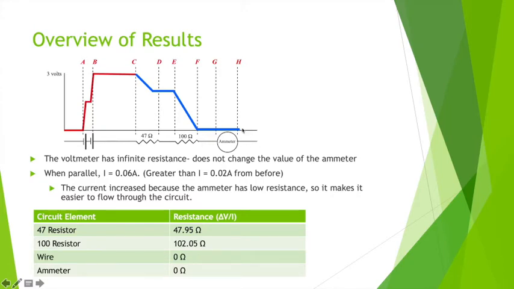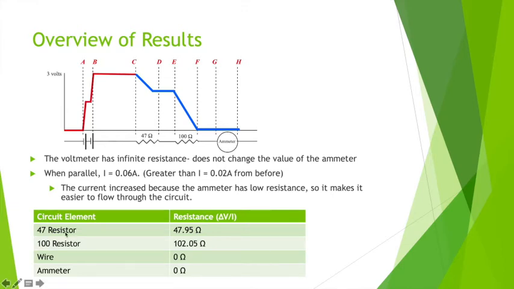And then when I changed our circuit to a parallel circuit, the current was found to be 0.06 amps, which is greater than the 0.02 that was found before. And this is because the current has increased because the ammeter has a low resistance, so it makes it easier to flow through the circuit. And these are just the resistance values that I found for each of the circuit elements.